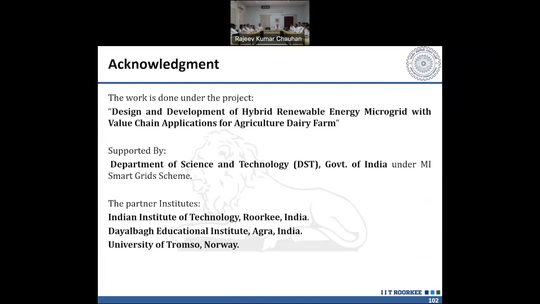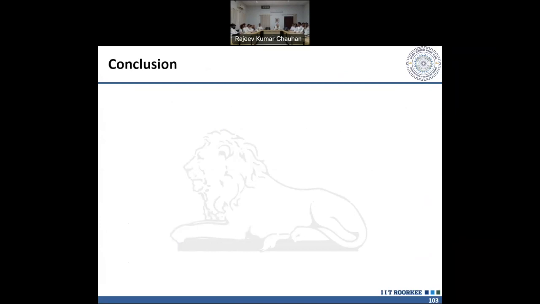The three institutes participating in this project are IIT Roorkee, Dayalbagh, and University of Prof. This present discussion covers an overview of the microgrid architecture and control.